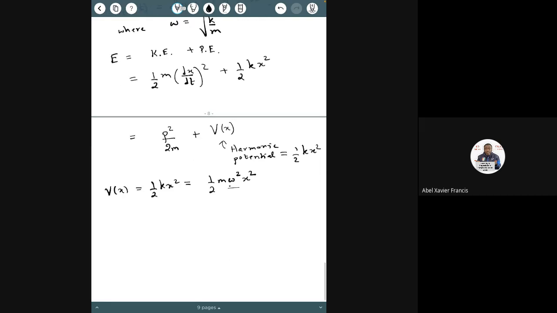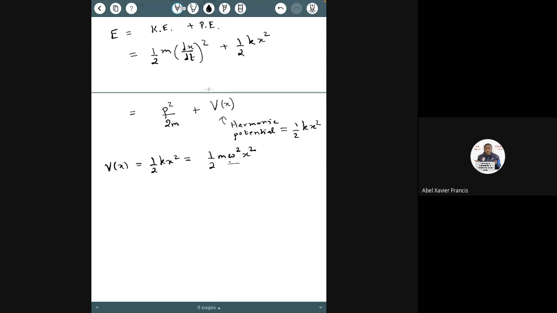And once we have the energy in terms of the momentum and some function of position, then we can go over to the quantum mechanical Hamiltonian by replacing p with the operator, and V(x) remains as V(x). So now we know the Hamiltonian for this system, which is p operator squared by 2m plus half m omega squared x squared.